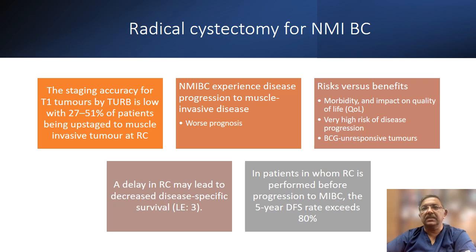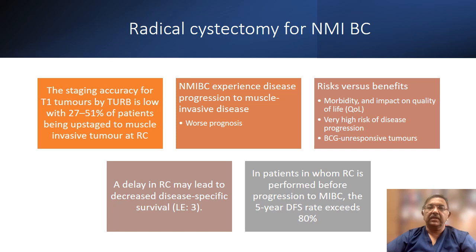Now, what about radical cystectomy? A few words about radical cystectomy for non-muscle invasive bladder cancer. It improves the staging accuracy, because it is seen that a quarter to half of the patients are upstaged to muscle invasive bladder cancer. So they actually have muscle invasive disease, which we have not been able to diagnose. NMIBC that progresses to muscle invasive disease has a worse prognosis than de novo muscle invasive cancer.